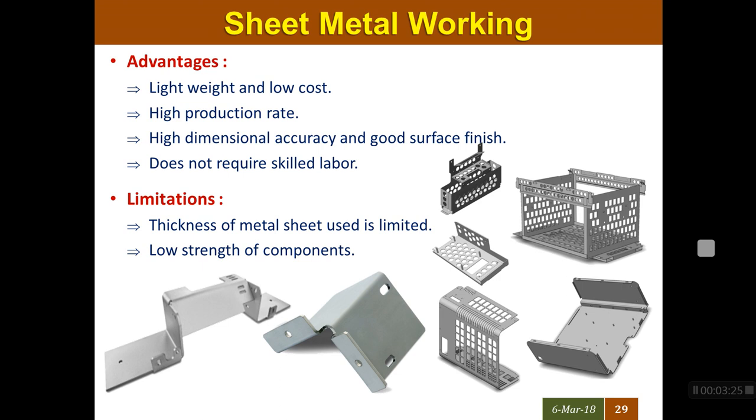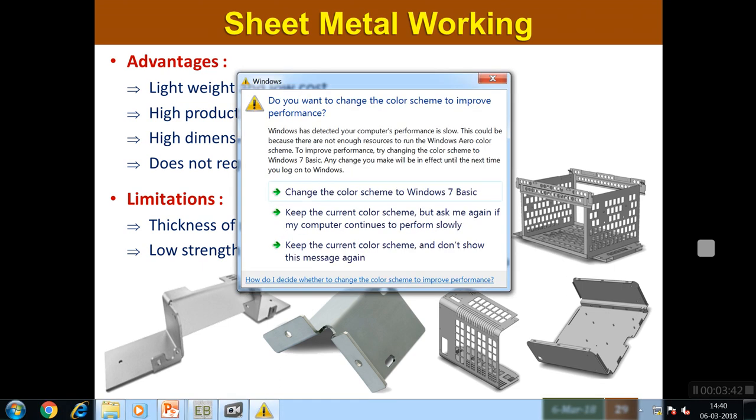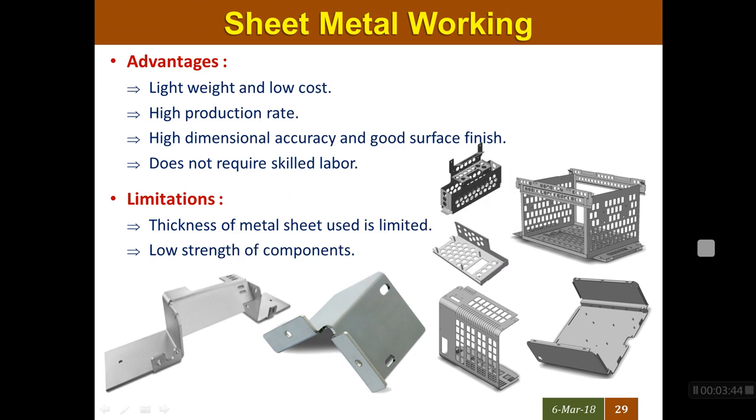Most of you are aware of these different shapes. In this lecture we'll be dealing with the different operations performed under sheet metal cutting and forming. The general advantages of sheet metal working are that the parts are light in weight and low cost.